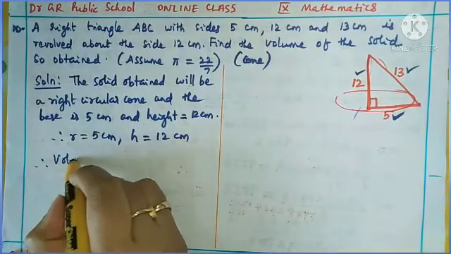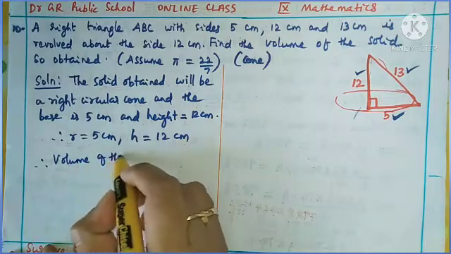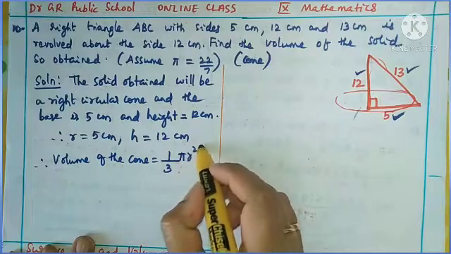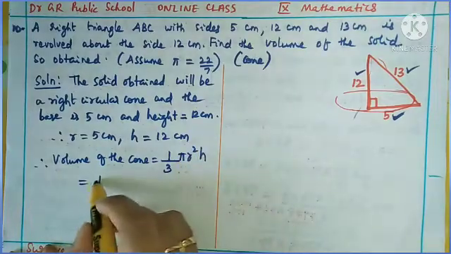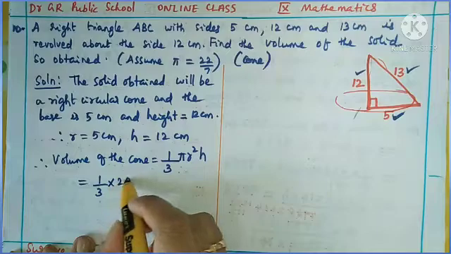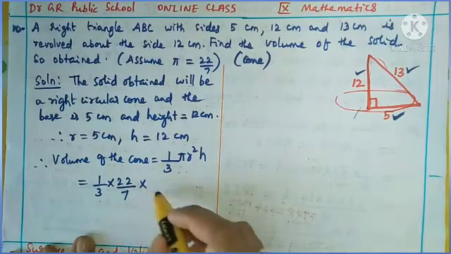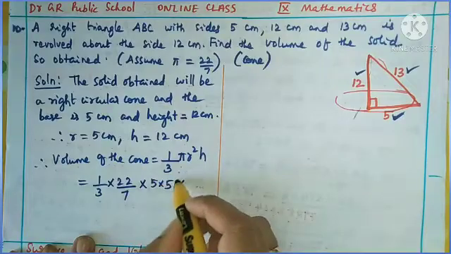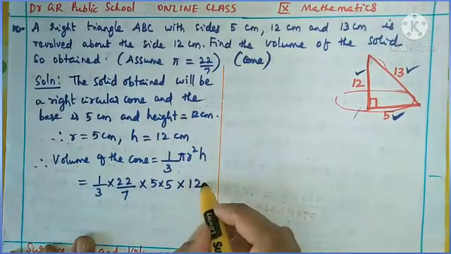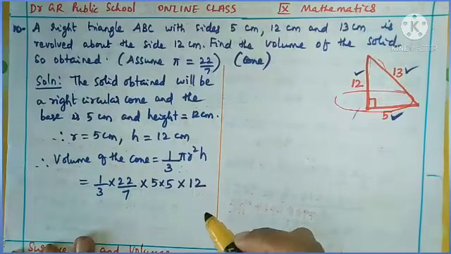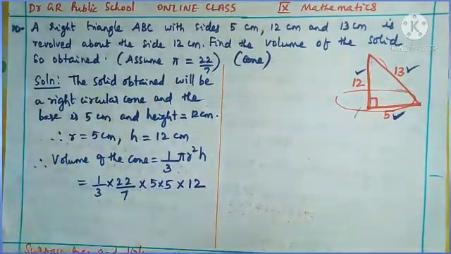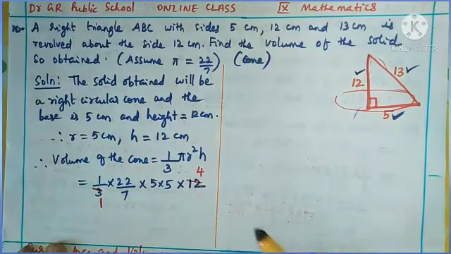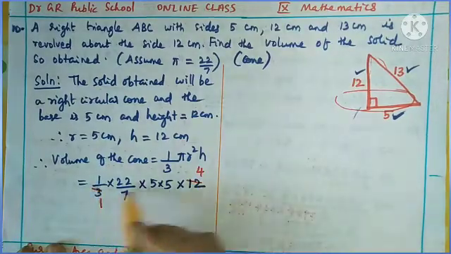Therefore, volume of the cone, write the formula: 1 by 3 pi r square h. That is equal to 1 by 3 into 22 by 7 into 5 into 5 into 12. Now here we can cancel this 3 and 12: 1 3 is 3, 4 3s are 12. The 7 cannot be cancelled.